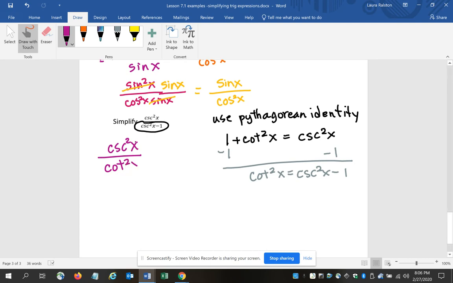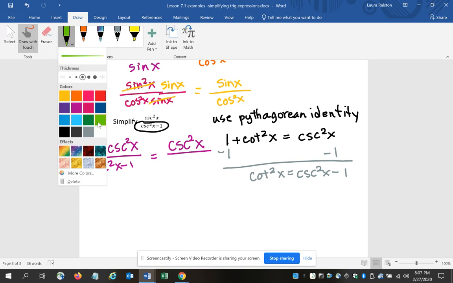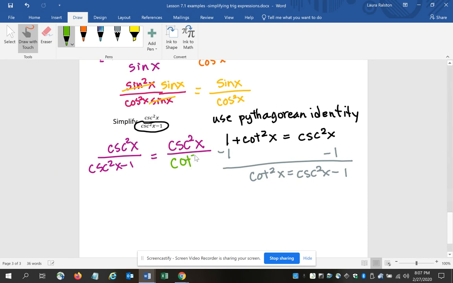Whoops, I was going to write down the problem again. Sorry. Let me fix that. Over cosecant squared x minus 1. And then I can do the substitution. I still have cosecant squared x in the numerator, and I'm going to substitute cotangent squared x in the denominator using the Pythagorean identity.